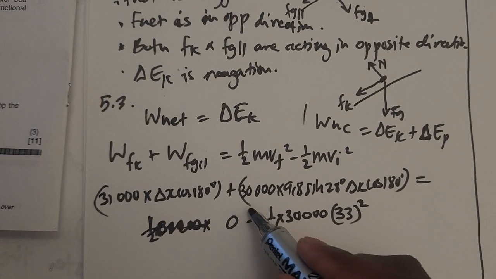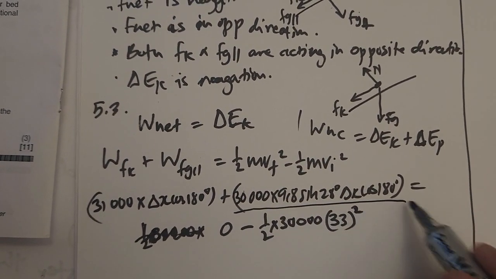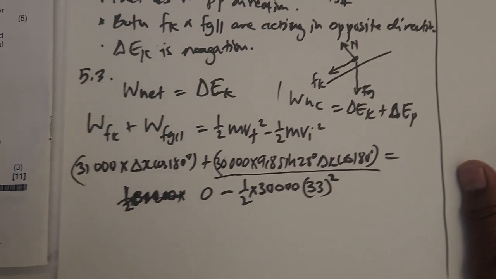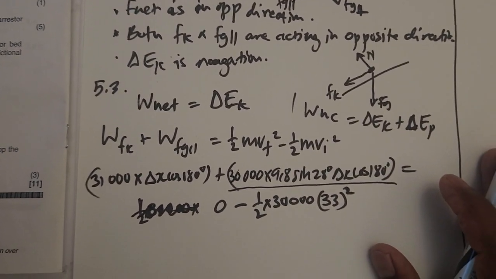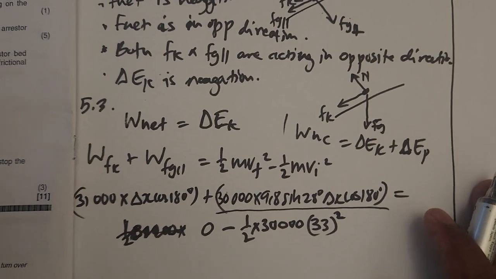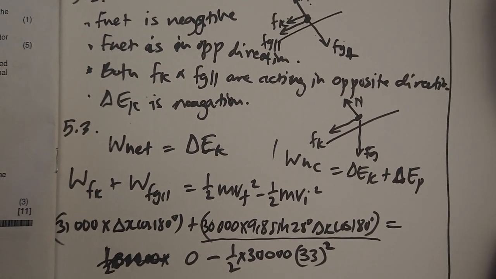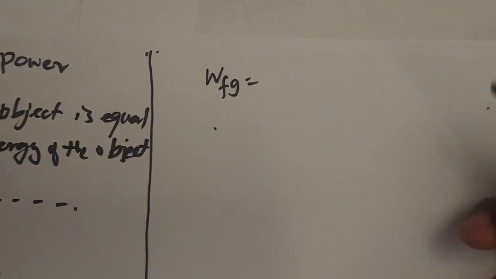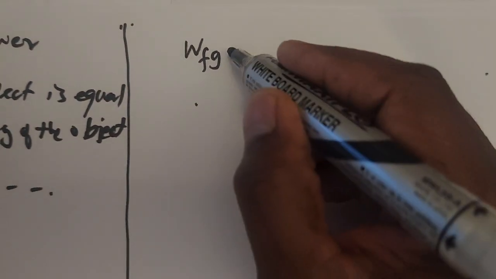But remember, when you look at this part, you can have other expressions in this case. The work done by the weight, remember, as we taught, can be 4 formulas.